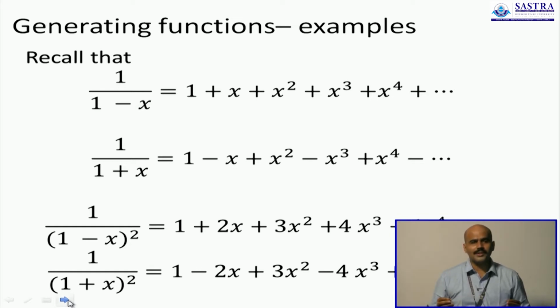So this is basically a geometric progression where the common ratio is the term x. Now, if the series is infinite and if x is less than 1, then the summation will converge to a particular number given on your right. That number is 1 by 1 minus x.